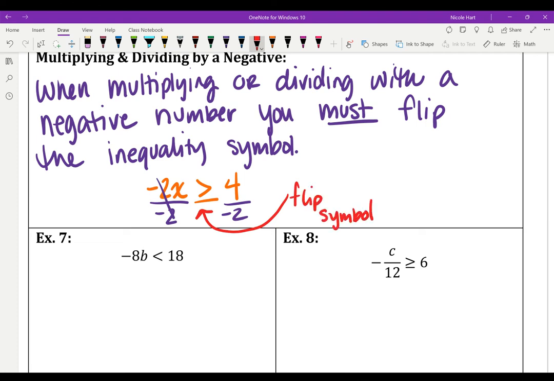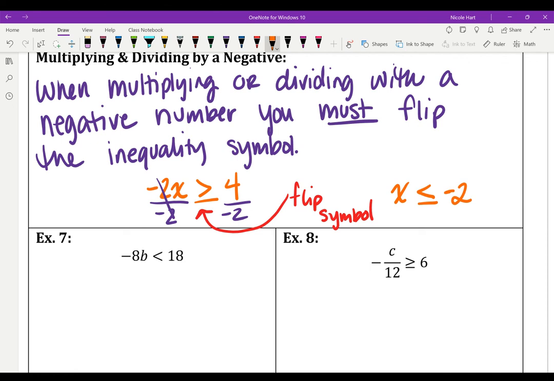So this turns into x is less than or equal, and 4 divided by negative 2 is negative 2. So because I divided with that negative number, I have to flip the symbol in the middle. It just flips over like it's rolling over.